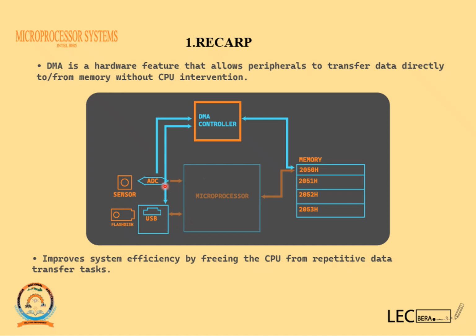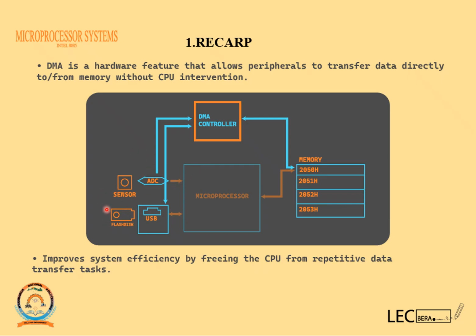So here we are exchanging data between the input-output devices and the memory without involving our microprocessor. Remember that the microprocessor is going to focus on other tasks, as the DMA controller exchanges data between the input-output devices and the memory.